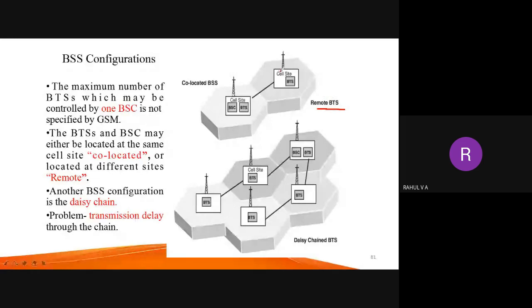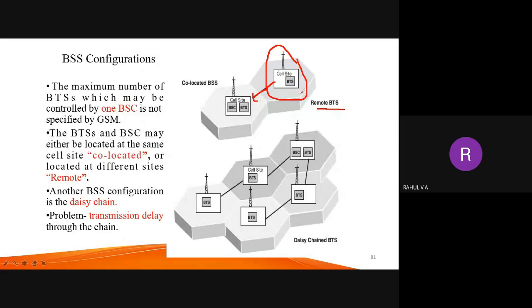You can see here, if you look at this diagram, this is a cell. You can see that hexagon shape is there. So BTS is placed alone without BSC. The BSC, the base station controller for this particular BTS, is actually in a different site, and that same BSC will be able to control co-located BTS along with the remote BTS.